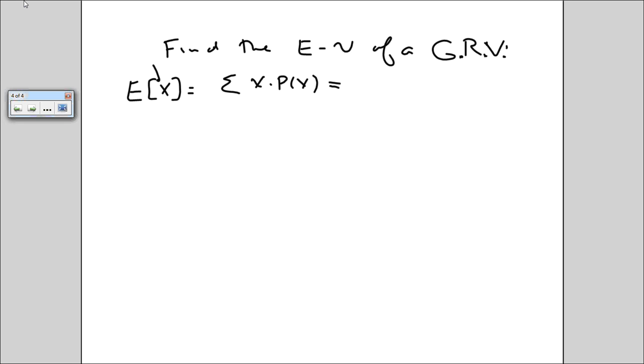And that could go from 1 to infinity. That can just keep going. So that is why we are going to sum up from 1 to infinity. The number of trials can go from 1 to infinity. x is n, and the probability that the random variable is n.